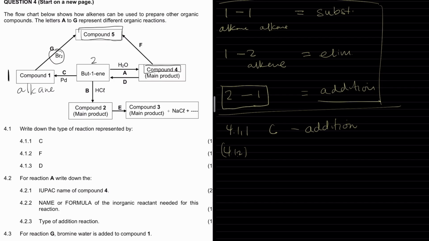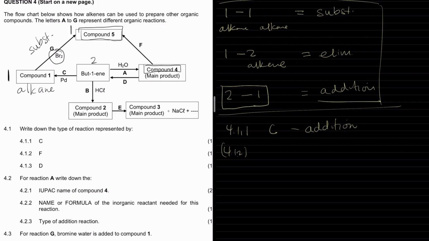I am adding Br2, and remember Br2 is usually a test. It's a bromine water test. So it's a test for saturation. So that means you are going from a 1 to a 1, right? So whatever 5 is, 5 must be saturated, right? So this must be a substitution reaction.